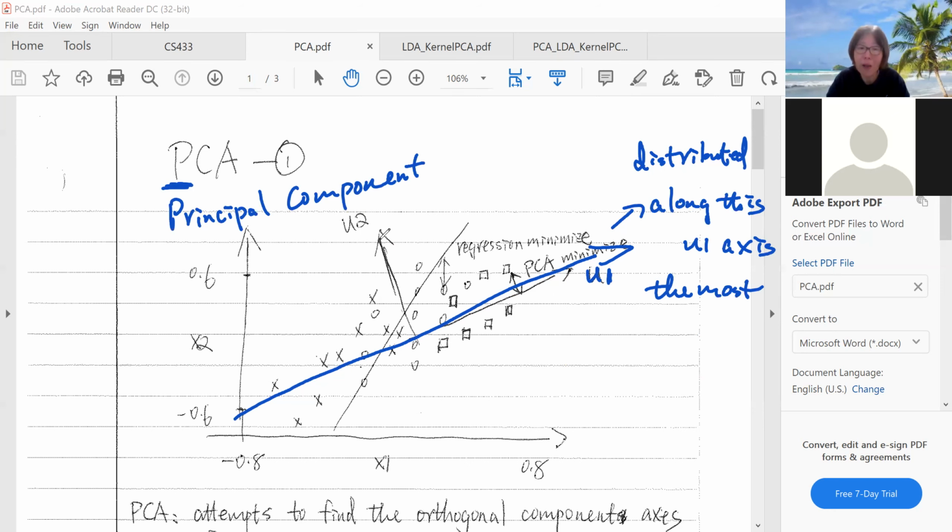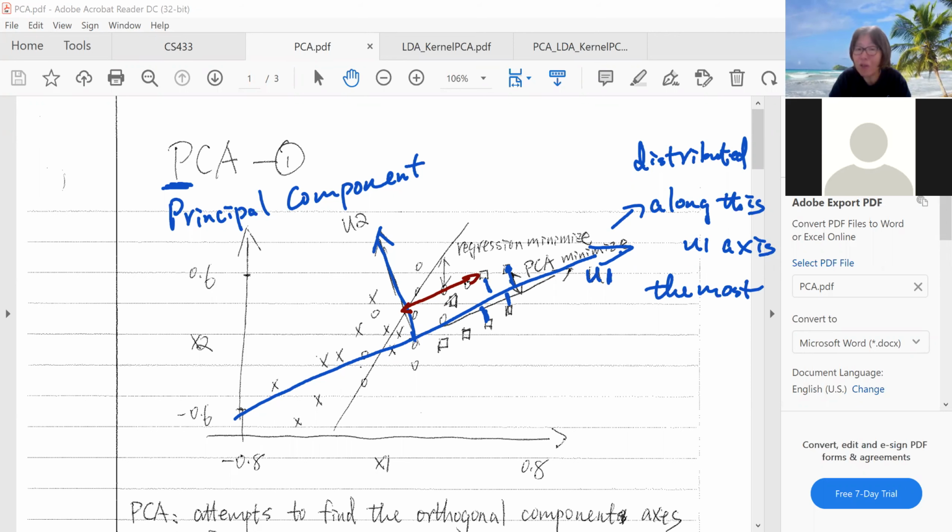Because the one perpendicular to it is not that spread out. And also when we measure each sample point, they are closer to this U1 axis, versus being quite far away from U2.